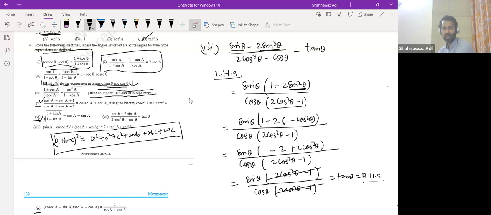In the next class, probability or surface area? Which chapter, guys? Sir, probability. Okay, everybody is agreeing, right? So we'll start with probability. You guys quickly note it down.